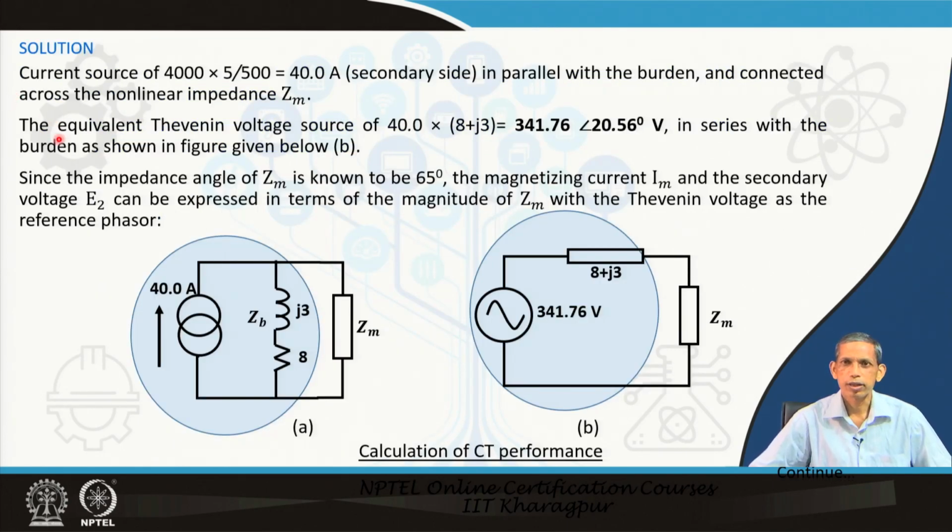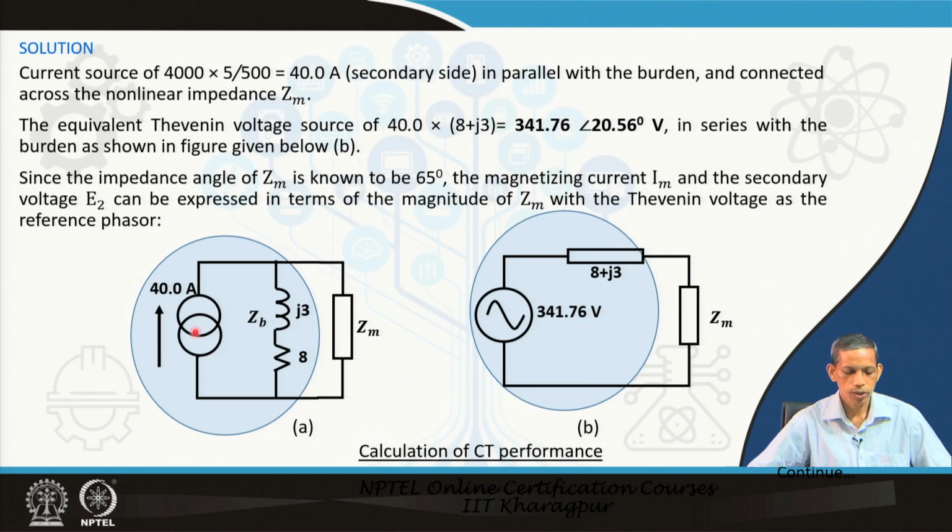As I said, for this CT the current is being injected from the system side. So, this is a current source kind of thing, very rarely, but it happens, and this becomes a current source for the CT. If you refer everything to the secondary of the CT, 4000 ampere in the primary divided by the CT ratio gives 40 ampere secondary current.